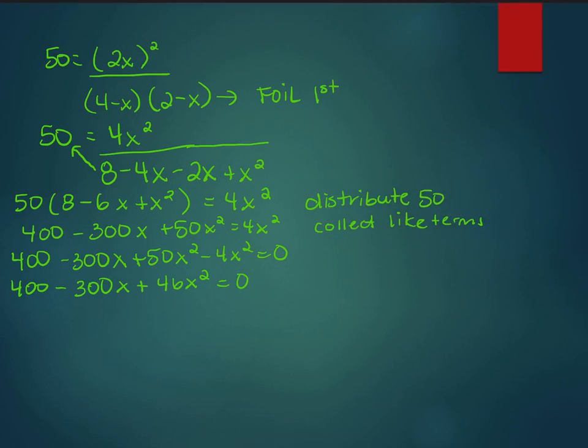Okay, so now we have a standard form expression. So the number in front of the x squared is the a, this is the b, including the negative, and then we have c here as well.